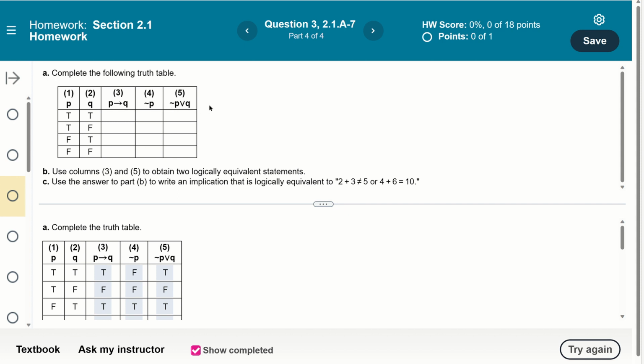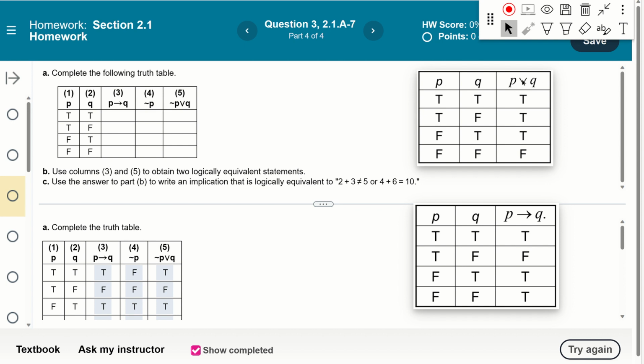Now, let's go ahead and bring back the truth tables for implication and disjunction, not this particular disjunction, but disjunction in general, to show you what I'm referring to. Okay, so here you can see the truth table for a disjunction and one for an implication.